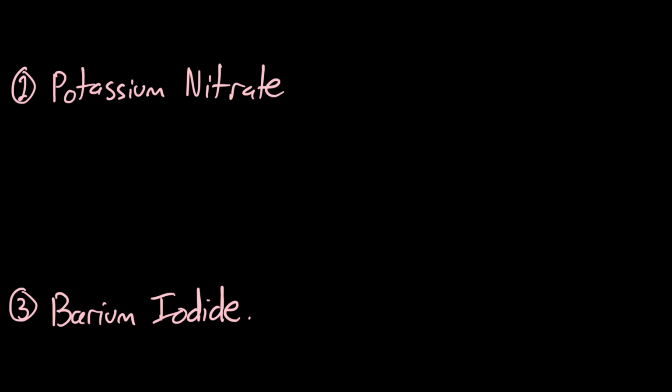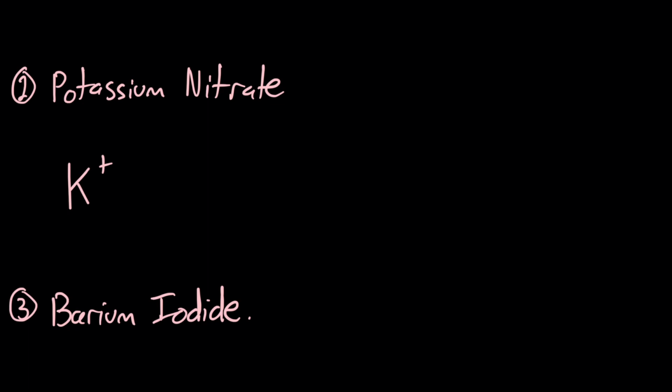Number 2, we have potassium nitrate. So we're going to get into working with polyatomic ions here a little bit. But again, let's split it up into the cation and the anion. So potassium, if you look on your common ion sheet, you'll find it is K+ or K1+.